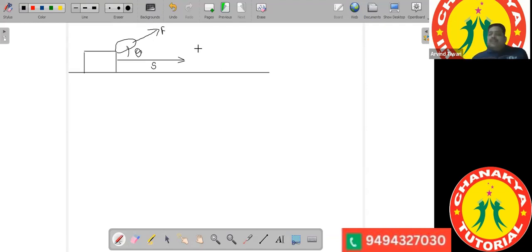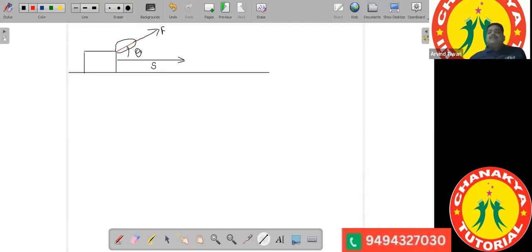In this case, we can observe that all the force is not being utilized for the displacement, only a part of the force is being utilized for the displacement. Some part of the force is utilized for lifting this box. We can assume this force to be acting along two directions.